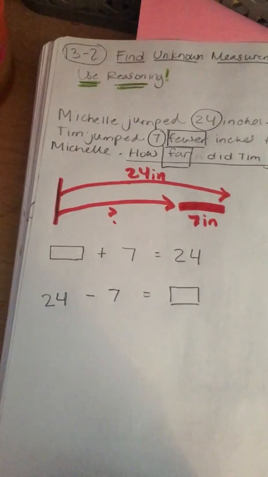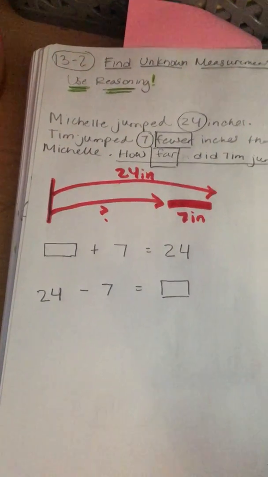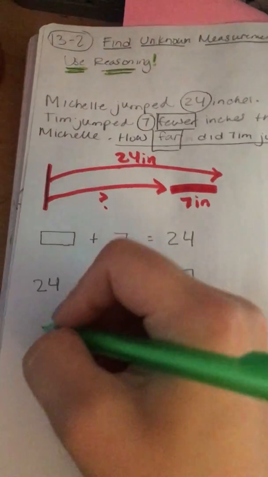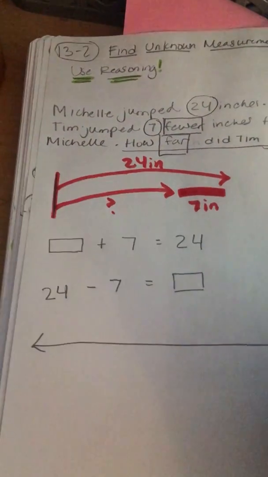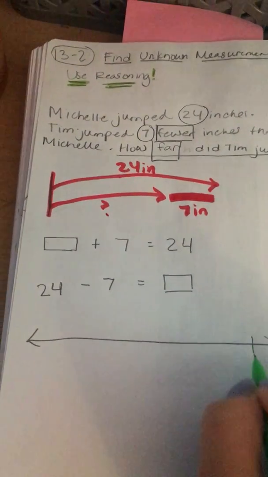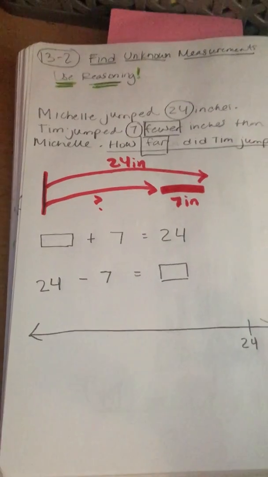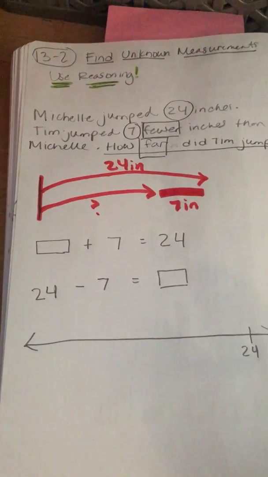Now it's up to you on how you solve it. I think I'm going to count back to subtract because it might be a little bit easier. So I'm going to start with my 24. And after doing higher numbers in the thousands, this might be a little bit easier.